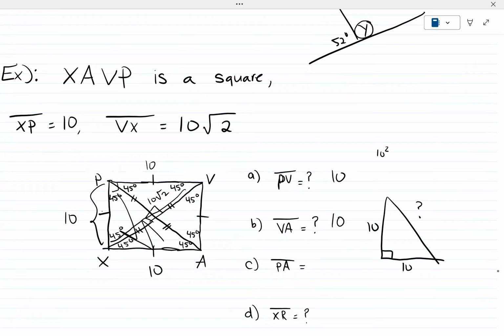So you could do 10 squared plus 10 squared equals c squared. 10 squared is 100, plus 100 is 200. Take the square root, and when you simplify this, you should get 10 radical 2.